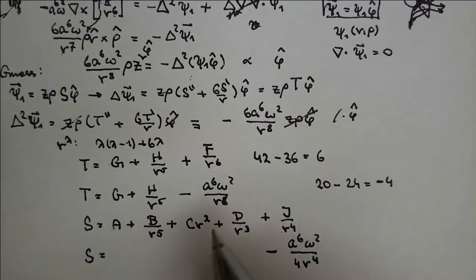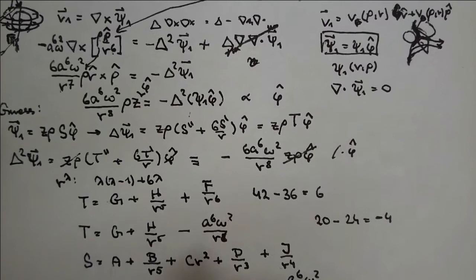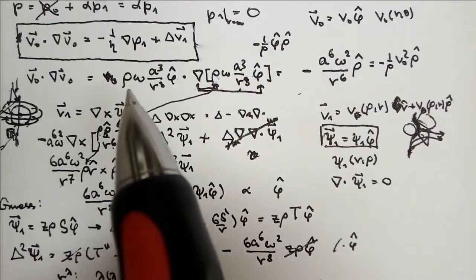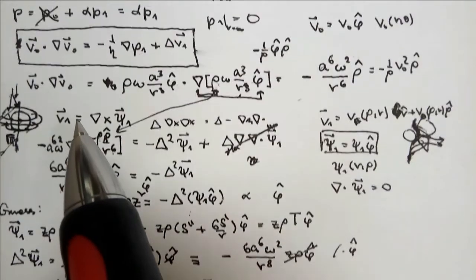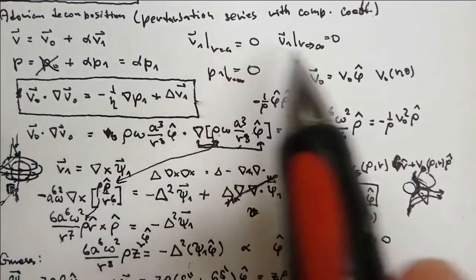And again, we have to assure that v1 at infinity will vanish from the boundary conditions.